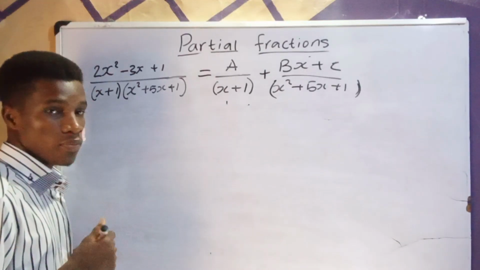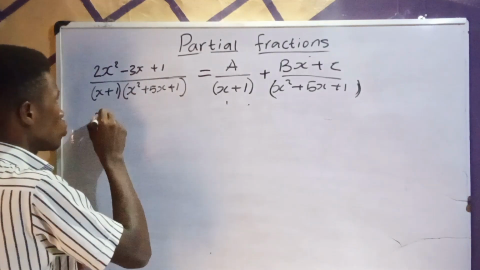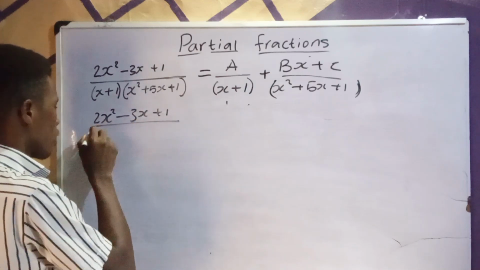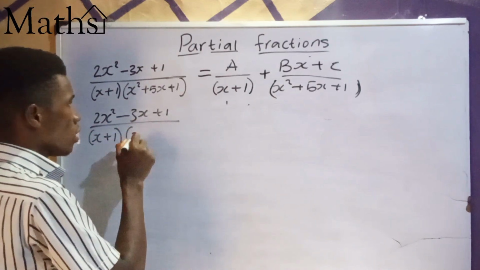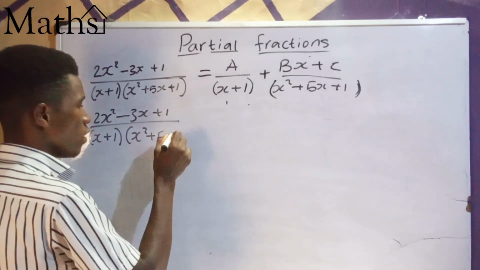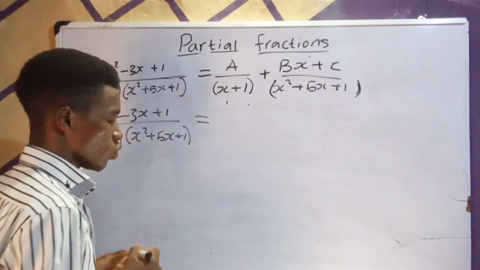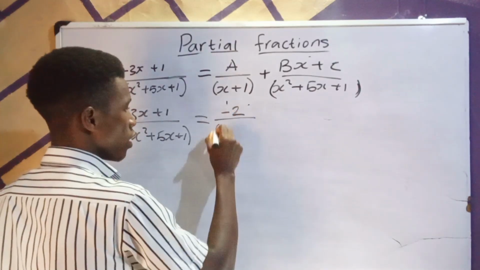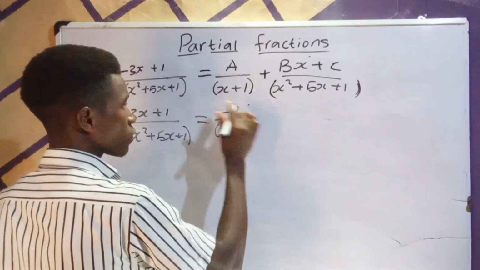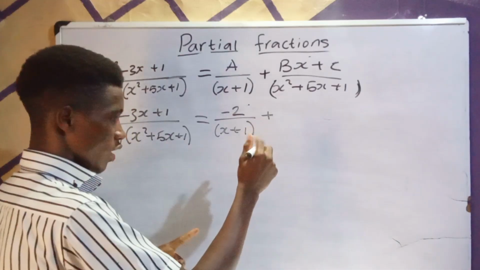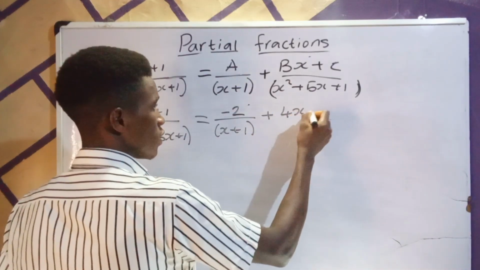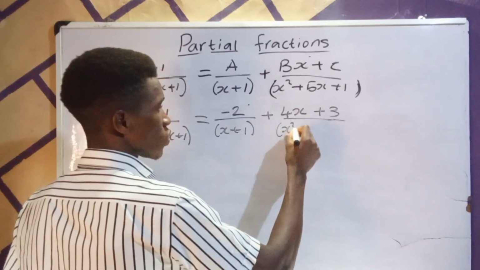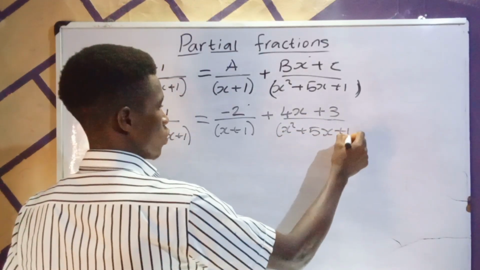With the values of A, B and C gotten, we can proceed and say 2x squared minus 3x plus 1 over the compound fraction x plus 1 times x squared plus 5x plus 1 is equal to minus 2 over x plus 1, plus, we got the value of B as 4, so 4x, and the value of C as 3, plus 3 over x squared plus 5x plus 1.